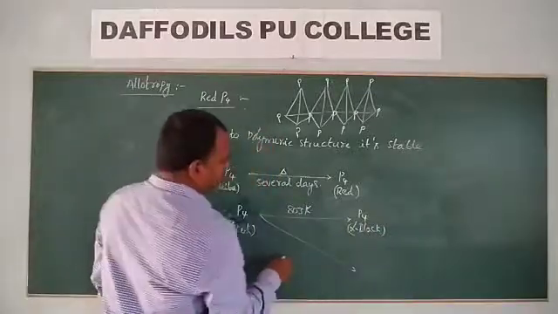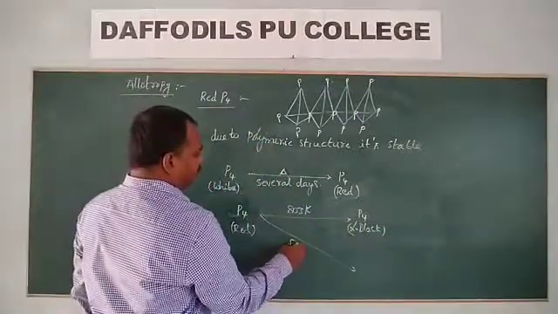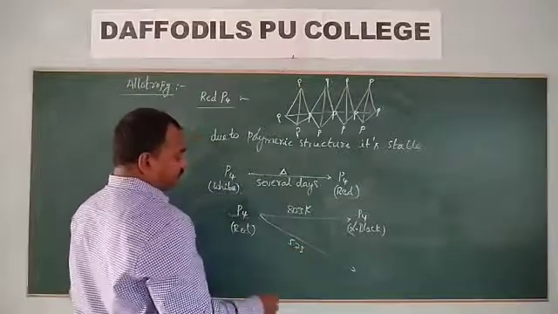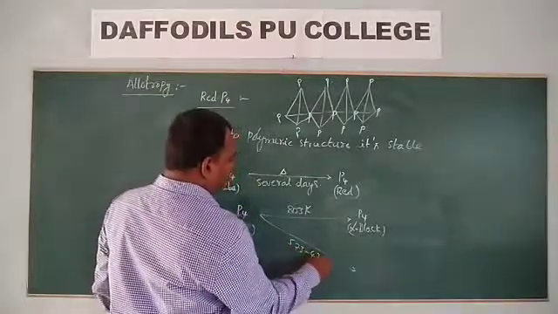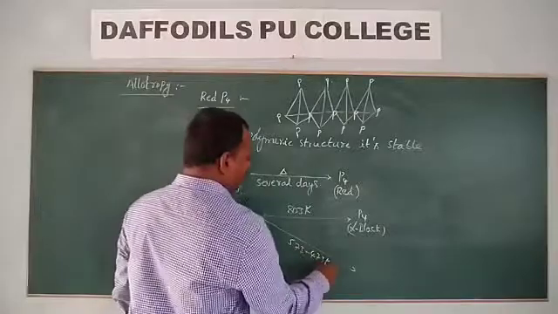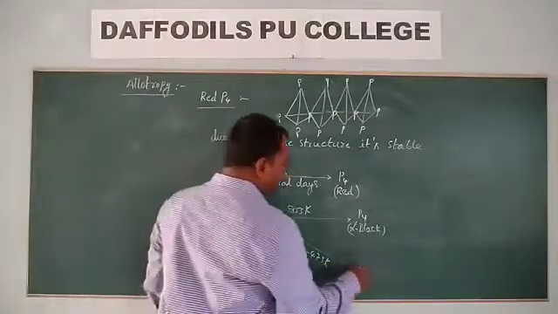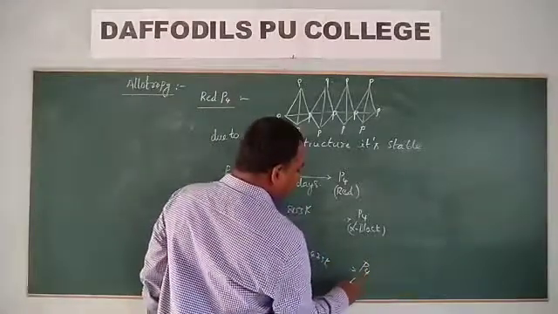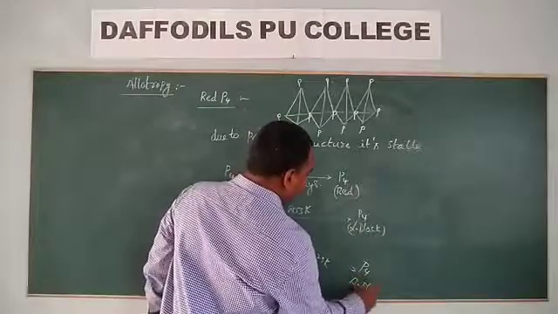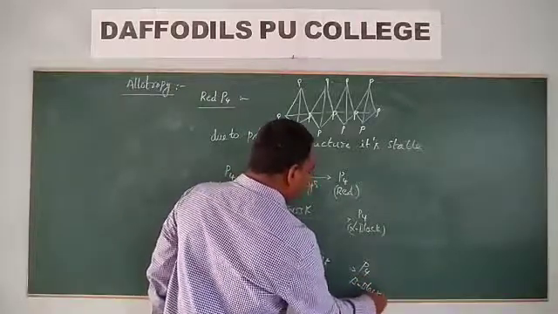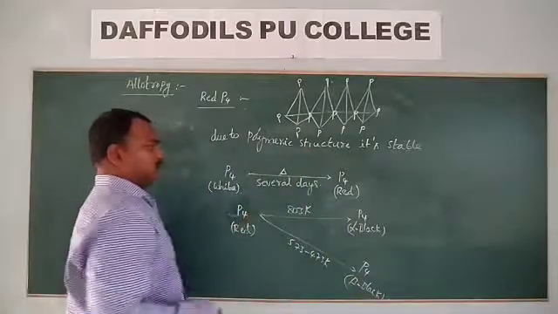When this red phosphorus is heated to between 573 kelvin and 473 kelvin, we will get the beta black allotropic form of phosphorus.